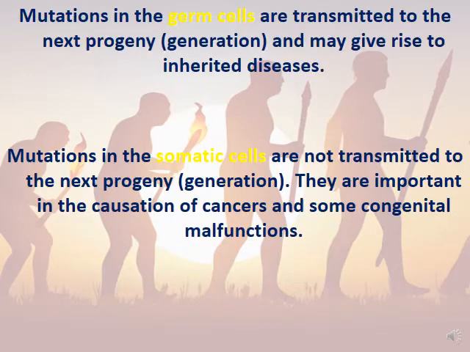Mutation can be of two types, either in the germ cells or in the somatic cells. The mutations in the germ cells are going to be transmitted to the next generation, and they will give rise to inherited diseases, whereas the mutations in the somatic cells are not transmitted to the next generation, meaning that they are not going to give rise to inherited diseases, but they are important in the causation of cancers and some congenital malfunctions.